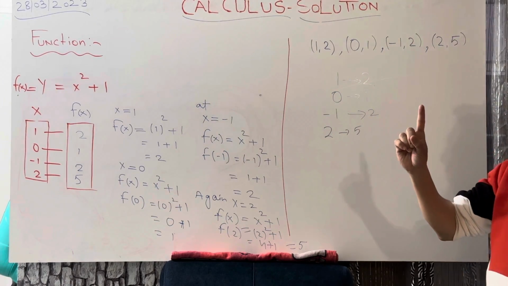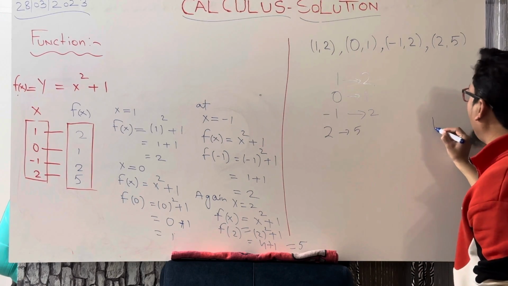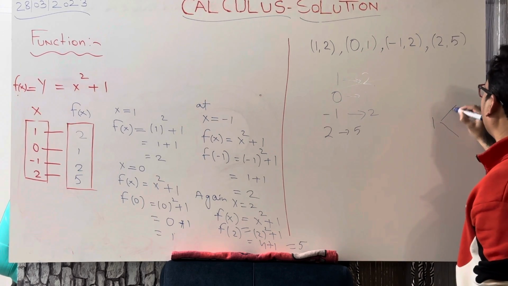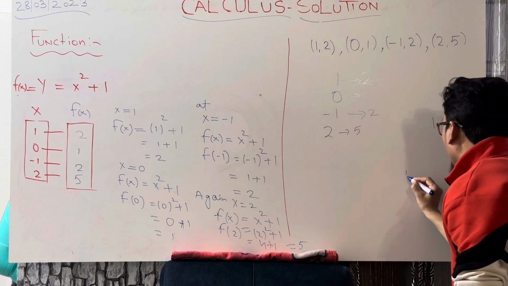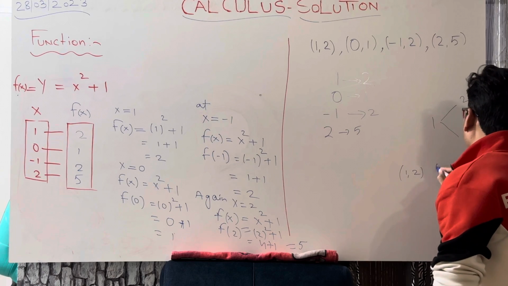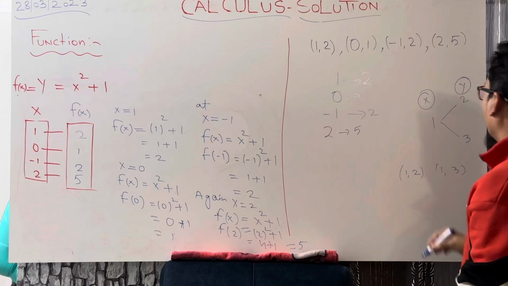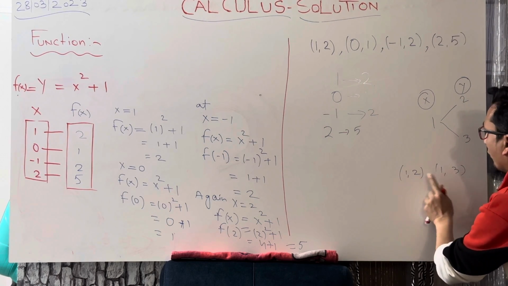If I have one x but I have two values of y, for example 2 as well as 3, the ordered pairs are something like this: 1, 2 and 1, 3. This is x and these are the y. So one value of x here has two values of y, 2 and 3.